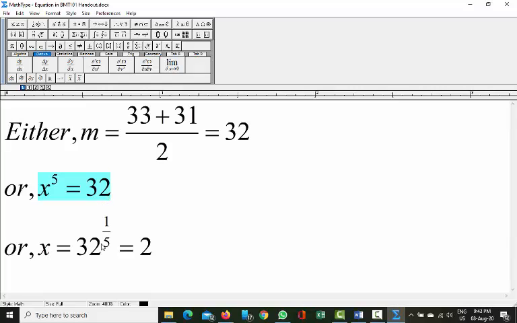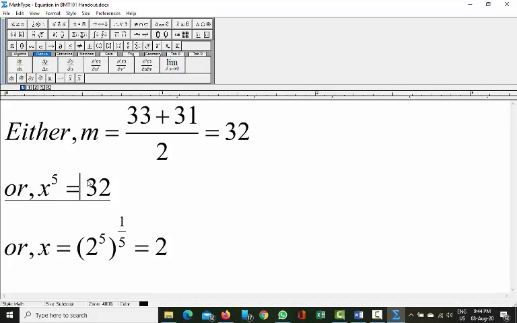So x will be equal to 32 power 1 by 5. If you move this power from the left hand side to the right hand side, we will have 32 power 1 by 5. You know that we can write 32 as 2 power 5.